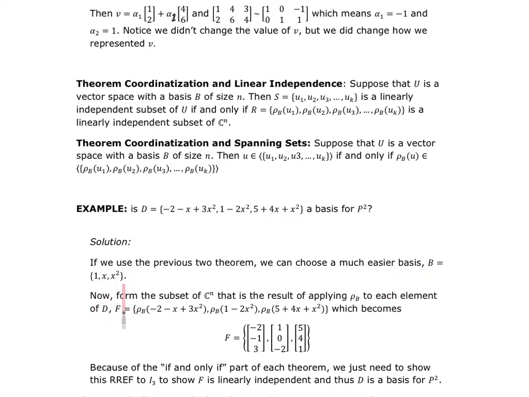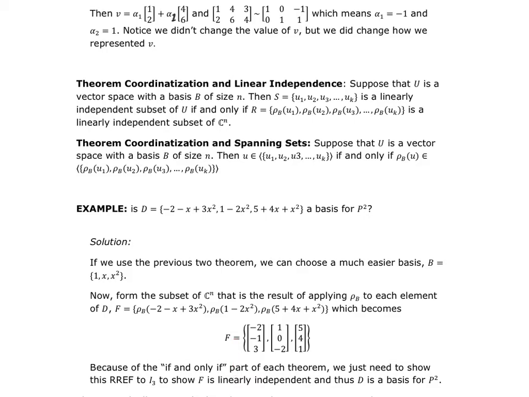So that is all the polynomials of degree 2 or less. Now, to form a subset of Cn, that is really just applying my function rho_B to each element. So I have rho_B of my first element, rho_B of my second element, rho_B of my third element, which gives me this set F.